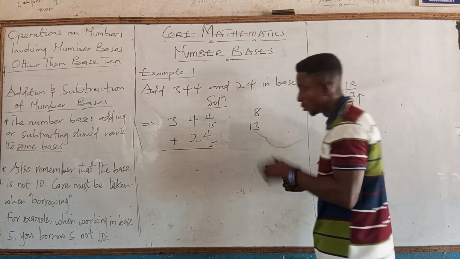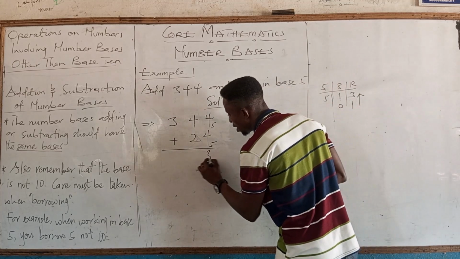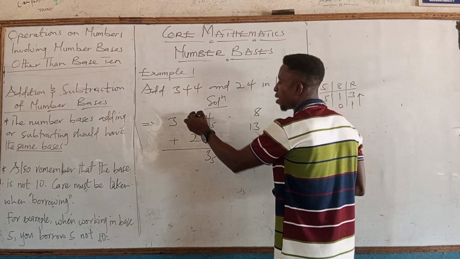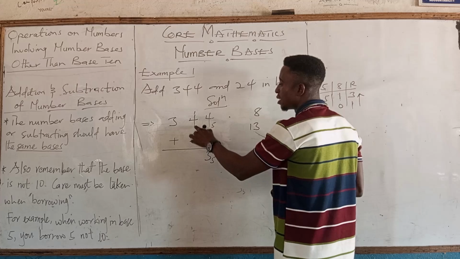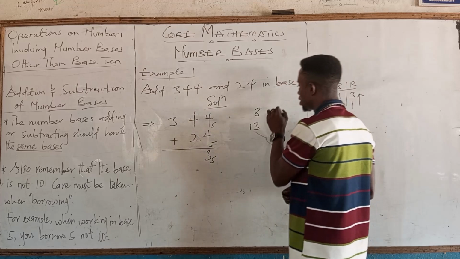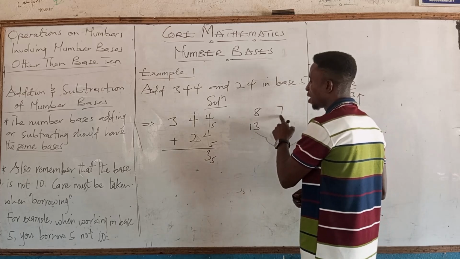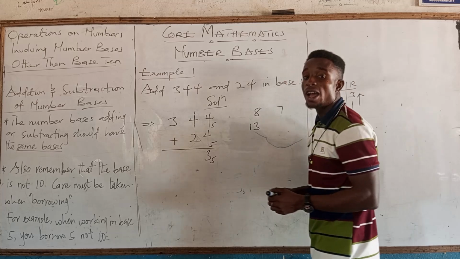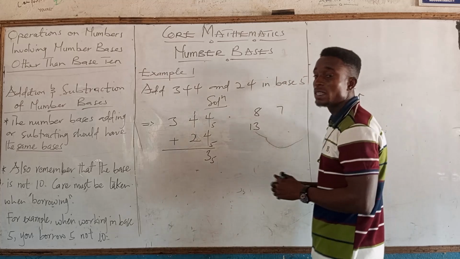Are we okay? So this one will get me 3. Then I carry the 1 forward, so I'll have the 1 here. Adding this and this, this plus that will get me 7. And how many groups of 5 can we get from 7? Because 7 is not part of the digits of number base 5.